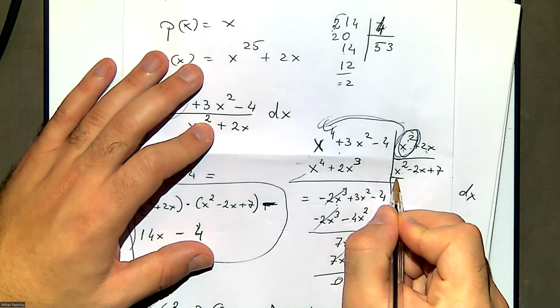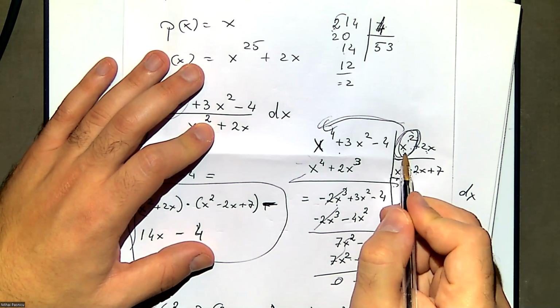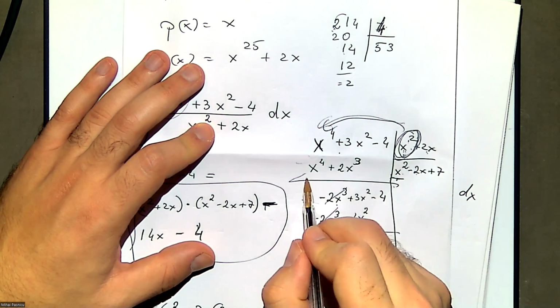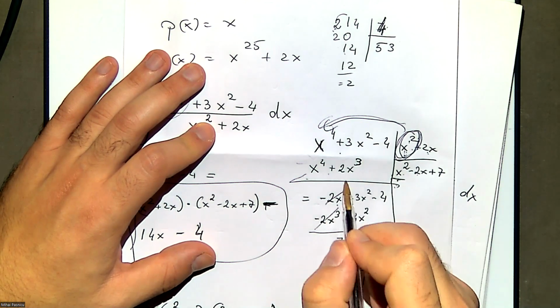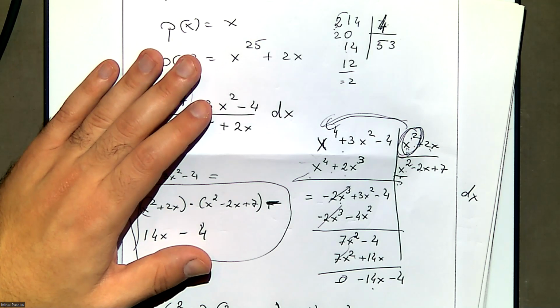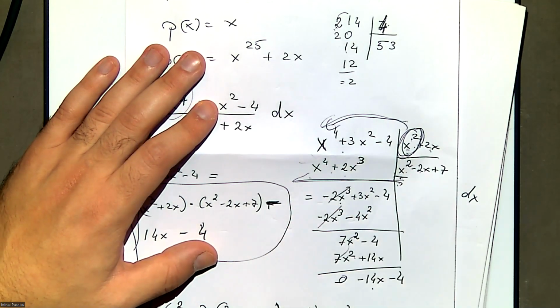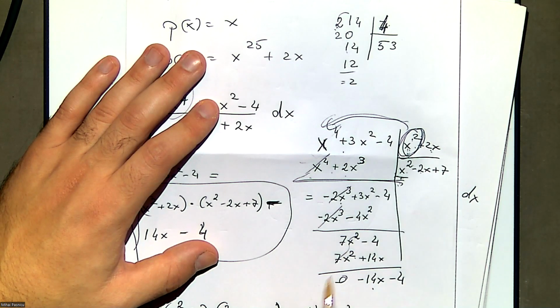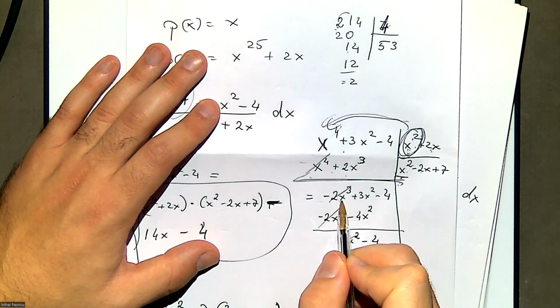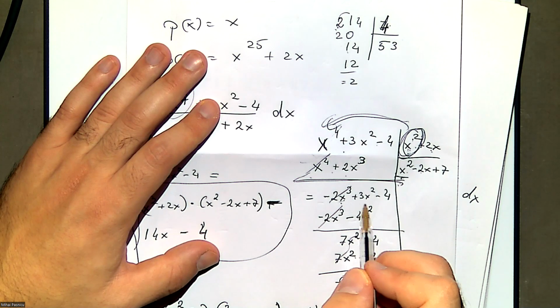So I took x squared, multiplied x squared times x squared, I get x to the fourth, plus 2x times x squared, 2x to the third. And I see what I get. x to the fourth cancels with x to the fourth, and I'm stuck with minus 2x to the third plus 3x squared minus 4.